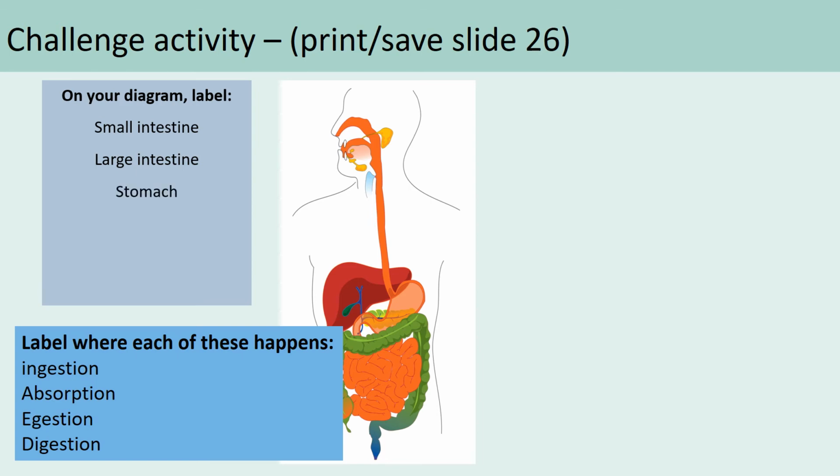Where the stomach is, so that is the orange structure that comes down from the esophagus. The mouth is, I'm sure you can work that out. The gullet or the esophagus, so that's the tube going from the mouth to the stomach. And where the rectum is, so that is the blue bit right at the bottom.